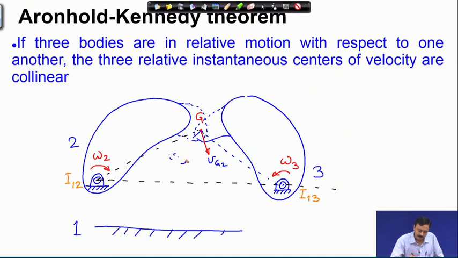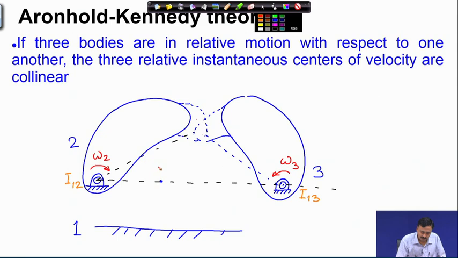Then we had seen that in order to have a feasible point which can be the relative IC, it must be a point on the line joining I 1 2 and I 1 3. Consider this as our test point now. Here we have again G 2 and G 3, coincident points on the extensions of bodies 2 and 3.